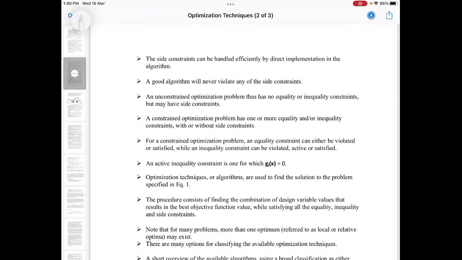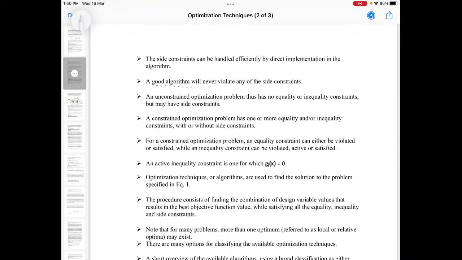Before going to the example, let us see the conditions and features here. The side constraint can be handled efficiently by direct implementation in the algorithm. This is said regarding the side constraint.